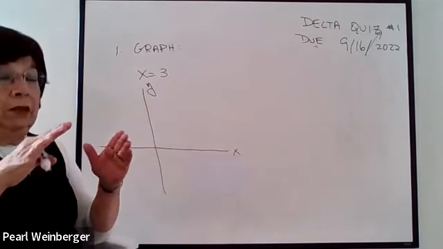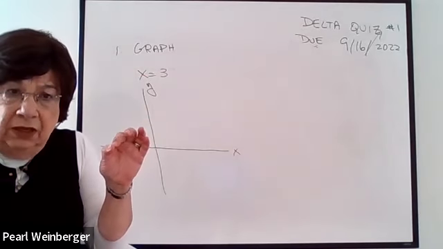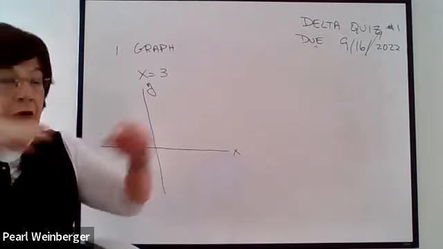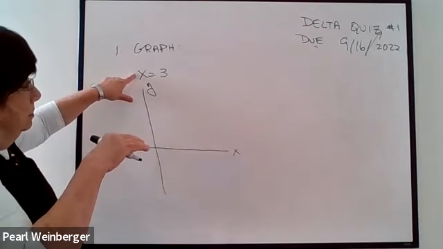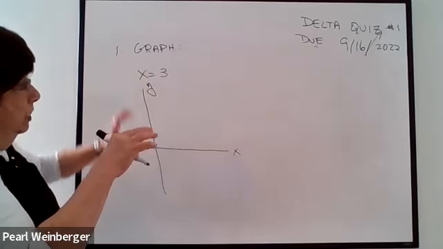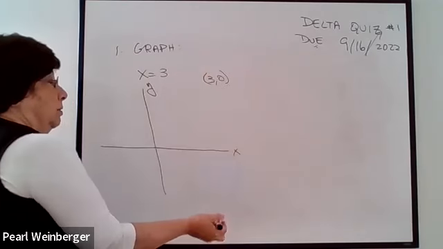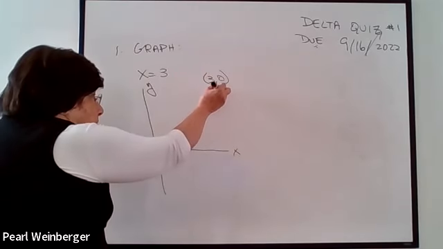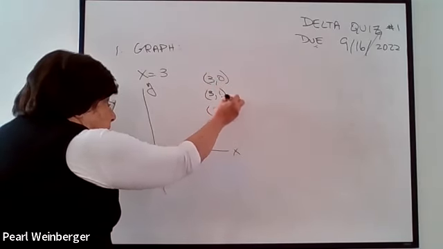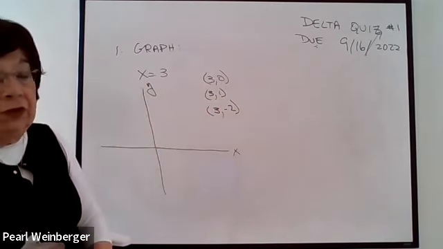Well, we saw when we had a line that y equals 5, it meant all the points on the line had their y value equal to 5, and we got a line that was straight across. To say that x equals 3 means all the points on the line are going to have their x value equal to 3. In other words, I could have 3, 0 as a point on the line. I could have 3, 1 as a point on the line. I could have 3, negative 2 as a point on the line. All of these are points on the line because their x value is 3.